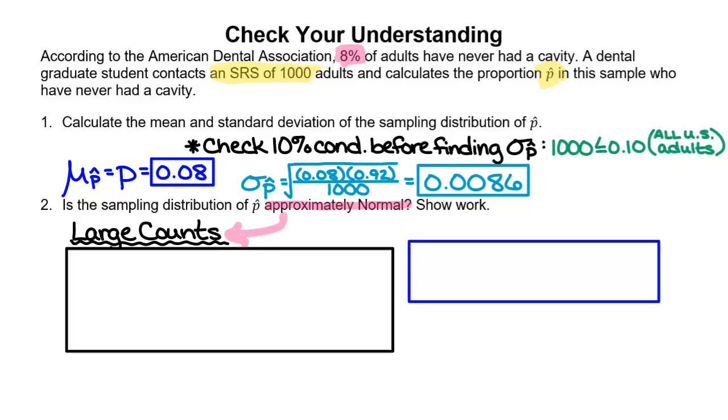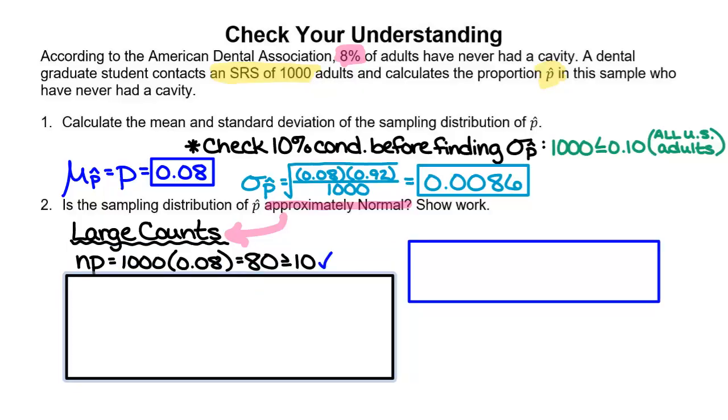How do we check large counts? N times P is greater than or equal to 10. What is N times P here? 80. 1,000 times 0.08 gives me 80. That's at least 10, so we're good there. Is that enough?